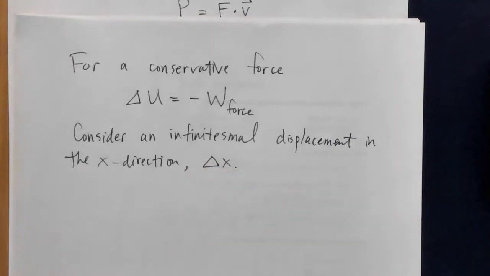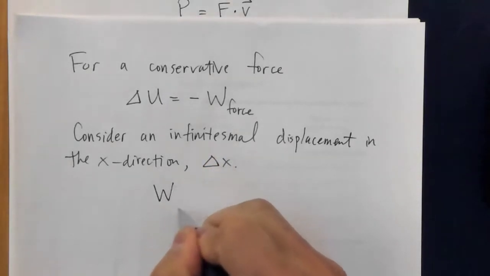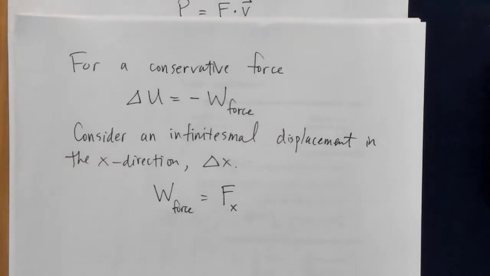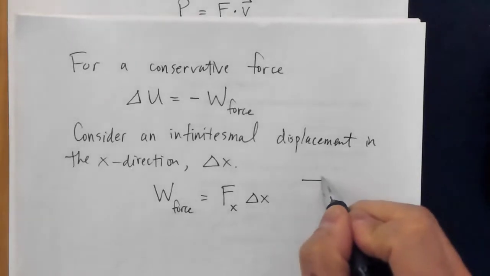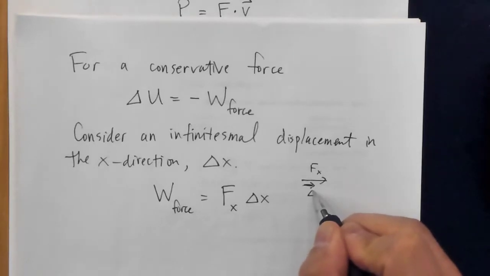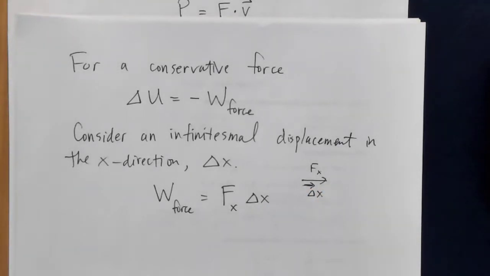If it's just a tiny change, then the force is not going to change much over that little region. So then the work done by this force will be F, let's say the x component of the force, times delta x. Because I have some Fx pointing like this, and then I make some displacement, delta x. The work done then will just be Fx times delta x. Does that make sense to everybody? The y component doesn't matter because I'm only moving in the x direction.